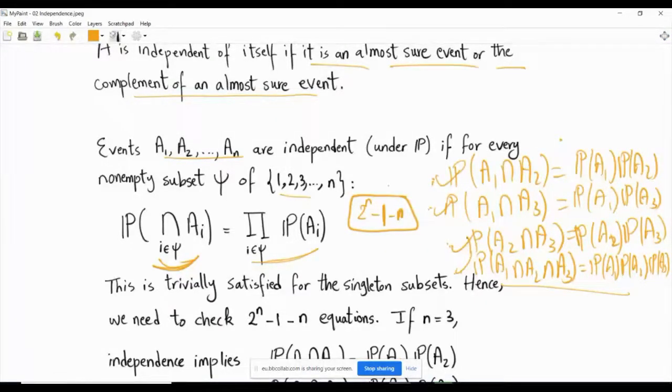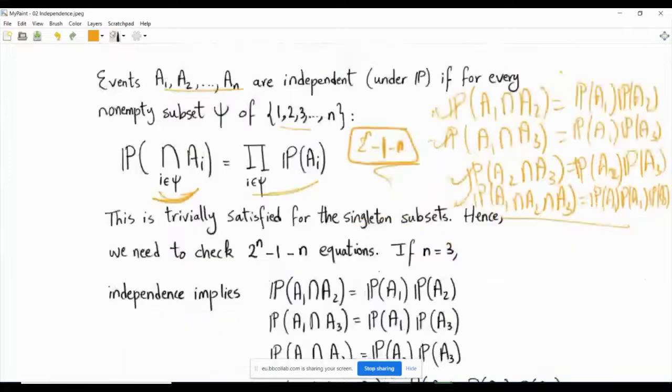Again, this 2 to the n minus 1 minus n is because you take all the events in 2s, then in 3s, then in 4s, then you take all of them. So it's as if we are selecting from a set. This is the number of subsets of a set, excluding the empty subset and excluding the singleton subsets. So this is the number of equalities that we need to check if we want to investigate the independence of n events.